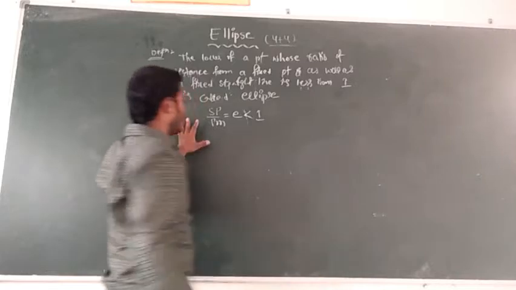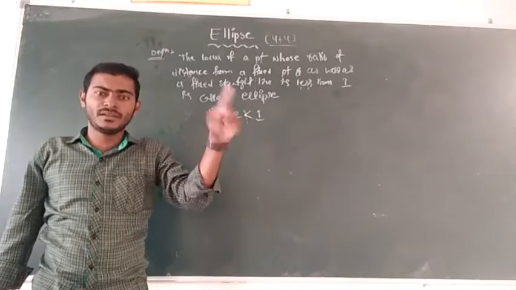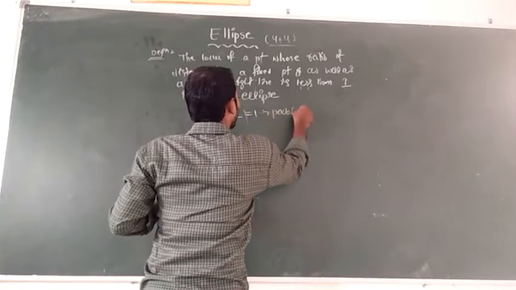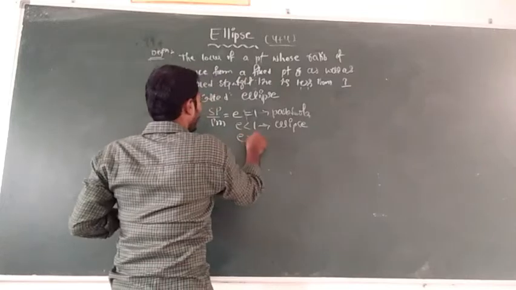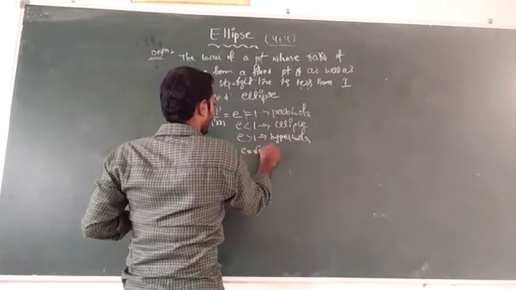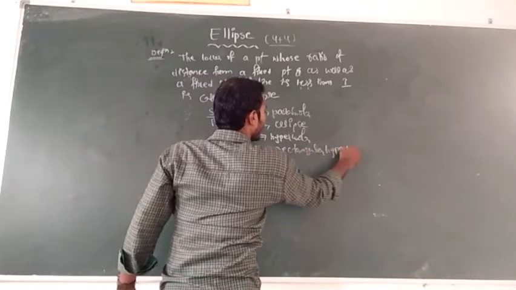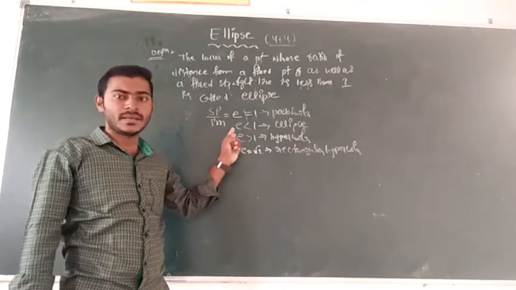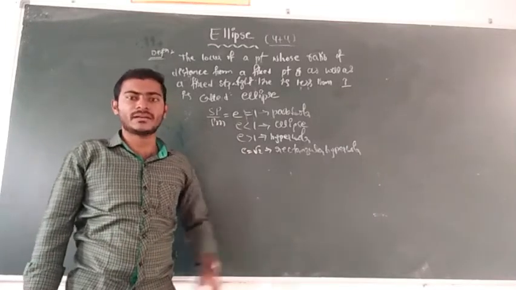These conditions we already saw in the previous class in parabola, where SP by PM equals E, where E equals 1. Here E equal to 1 is a parabola, E less than 1 forms an ellipse, E greater than 1 is a hyperbola, and E equal to root 2 is a rectangular hyperbola.